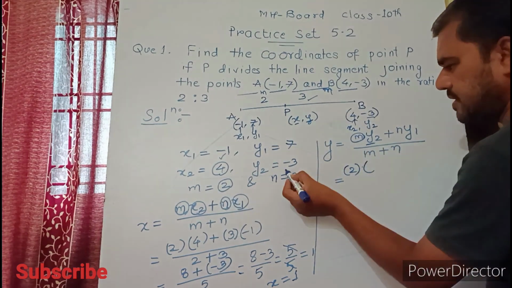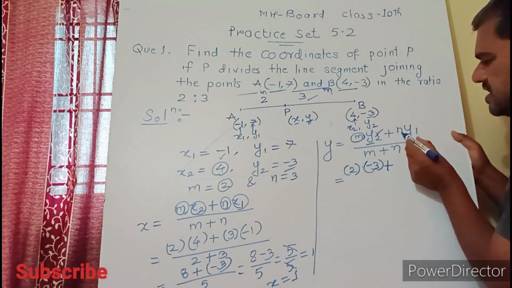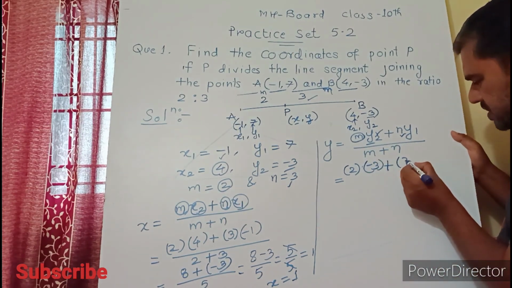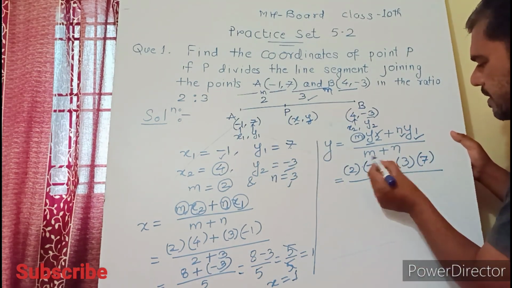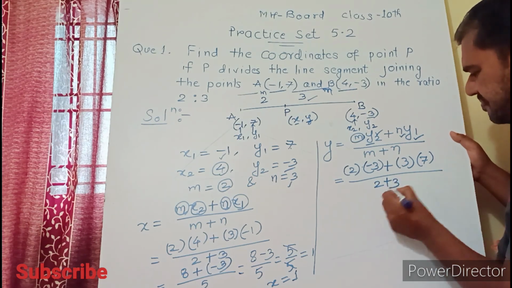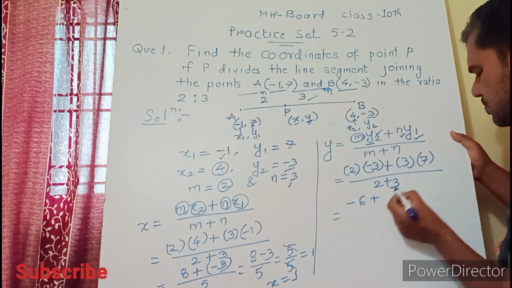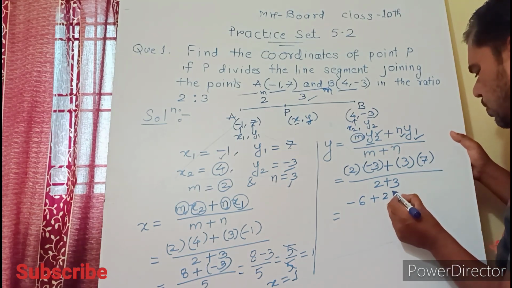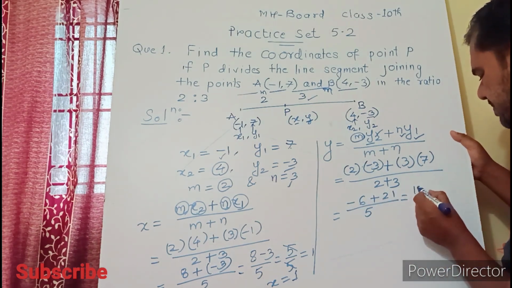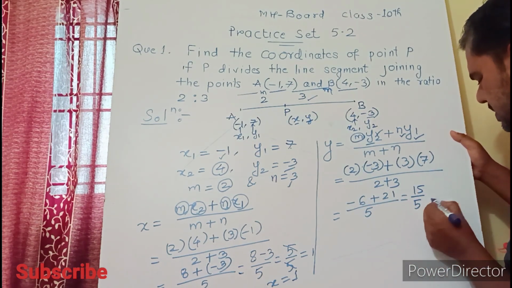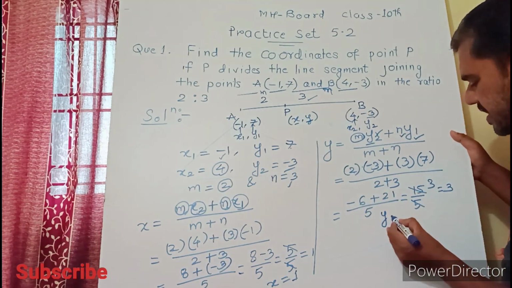The value of y2 is -3, put -3 instead of y2, plus as it is the value of n is 3, put 3 here, y1 is 7, put 7 here, divided by m plus n, that is 2 plus 3. Now that will be 2 into -3, that is -6, plus 3 into 7, that is 21, divided by 5. That equals -6 plus 21, that is 15, divided by 5, and this will be cancelled 3 times and we get 3 here, that is the value of y equals 3.